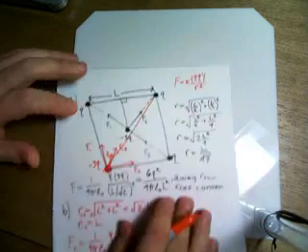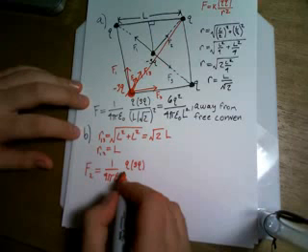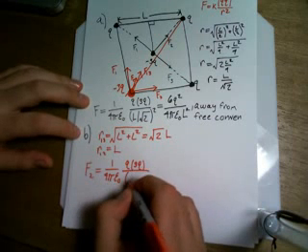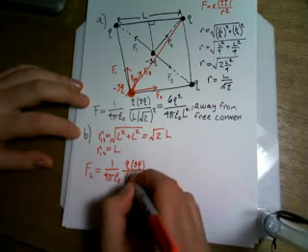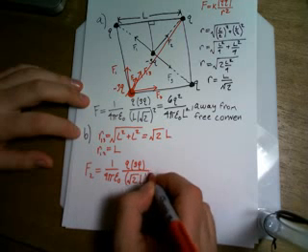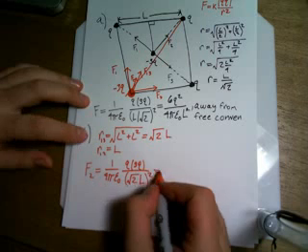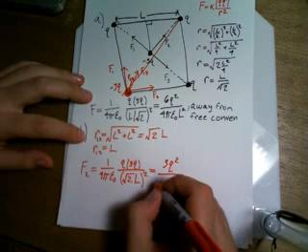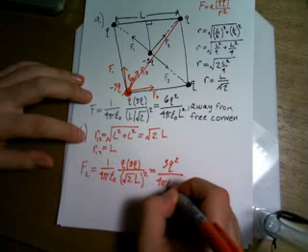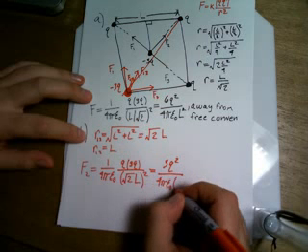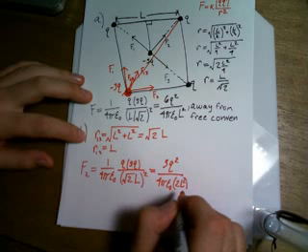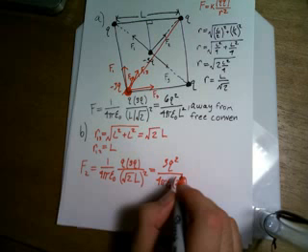So we're always taking the magnitude. If you're wondering what happened to the negative sign, you should know that by now. And this is going to be the square root of 2 times L, squared, for our radius. So that equals 3Q squared over 4 pi epsilon naught times 2L squared. And that's force 2.